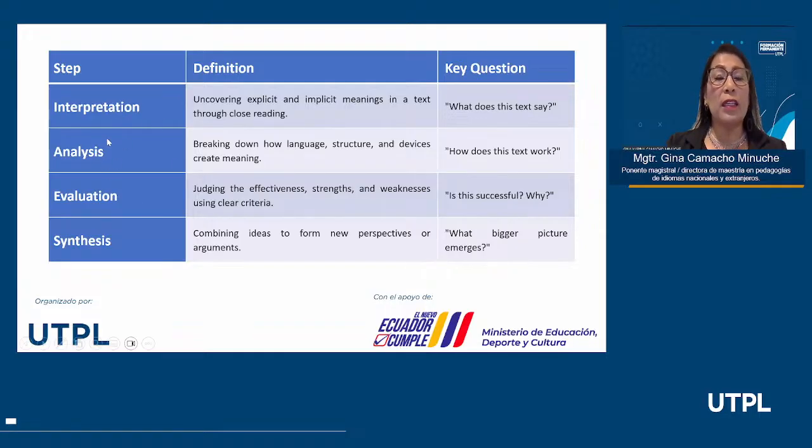In the case of the other step, that is analysis, it refers to breaking down how language, structure, and devices create meaning. And students should be able to ask themselves, how does this text work? Okay.